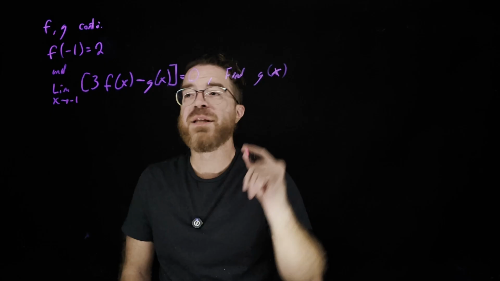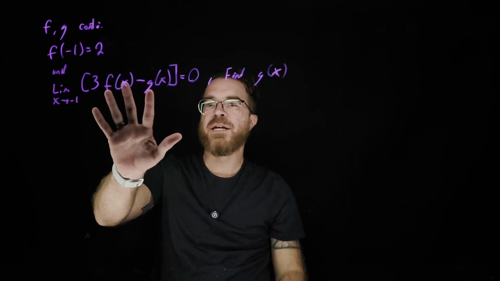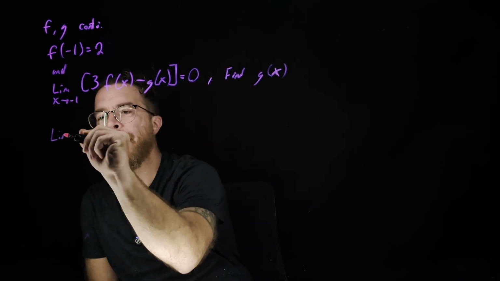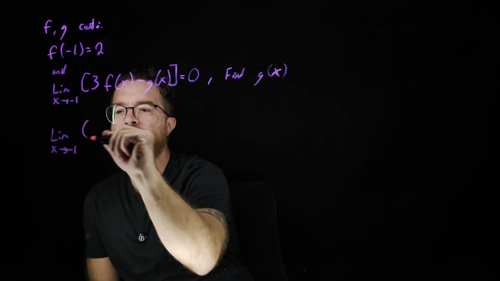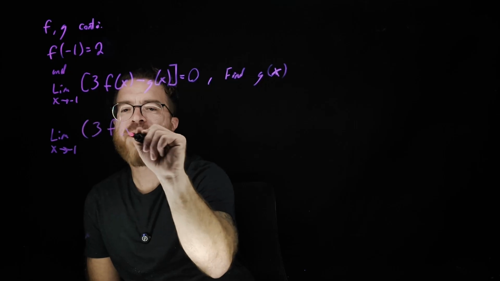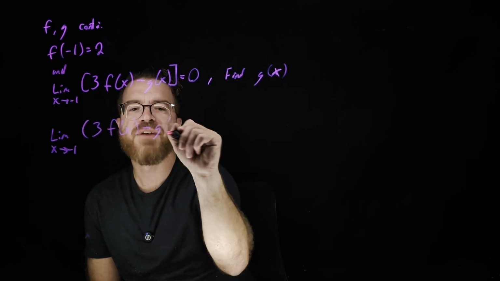So how would we go about doing this? Well, we're going to start with this limit here. We have our limit as x approaches -1 for 3 f of x minus g of x.